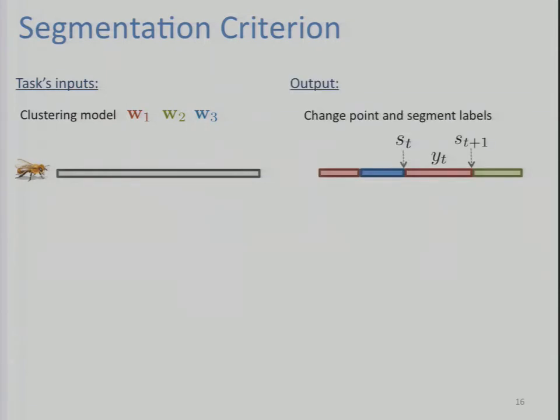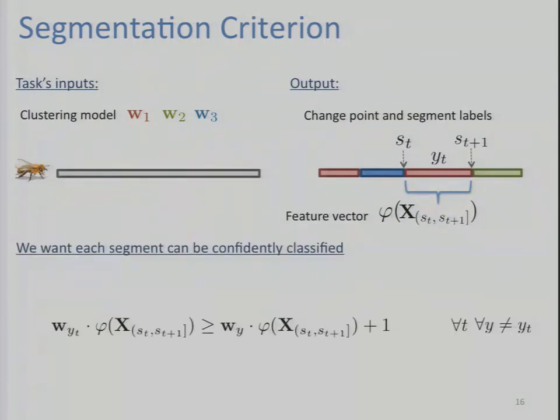The input for the task is a clustering model, the weight vector, and a particular time series. What we want is to find a set of change points and segment labels such that each segment can be confidently classified. What I mean by that is, let me denote the feature vector for this segment as the quantity here. The cluster score for this segment for the cluster YT must be much bigger than the cluster score for any other cluster.